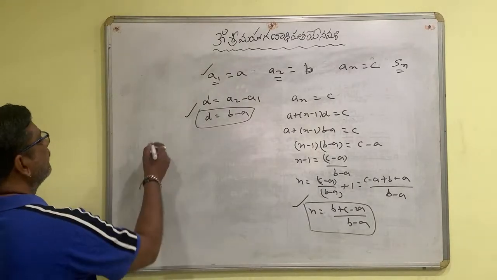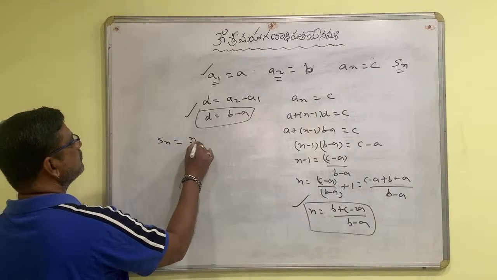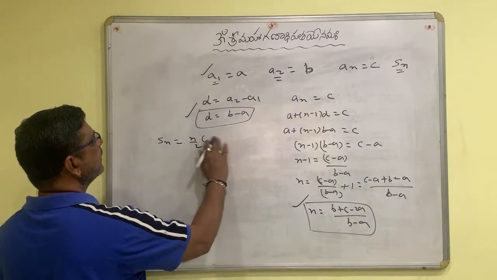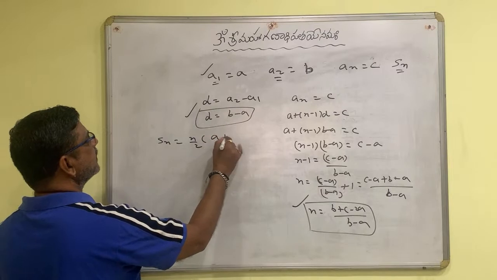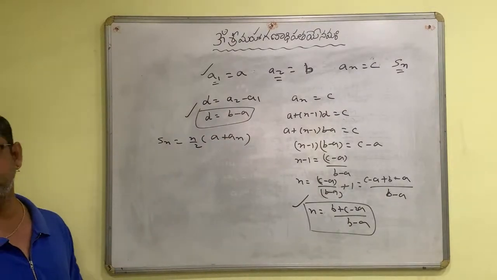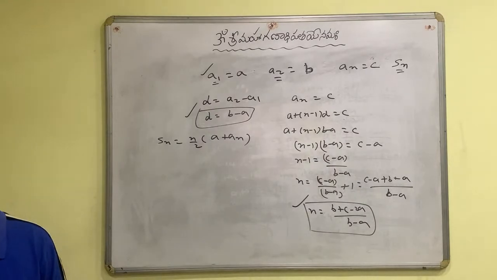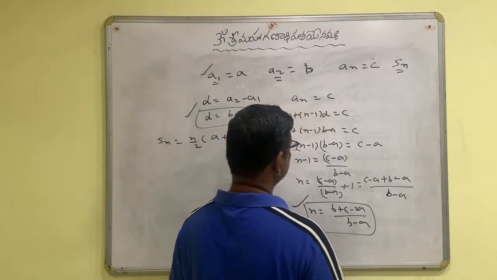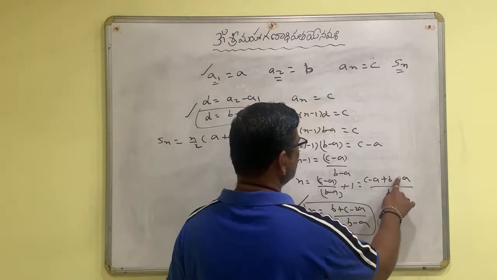Sn formula is n by 2 into 2a plus, no, write a plus an. We have a plus an, we have a and we have an. Why cancel?